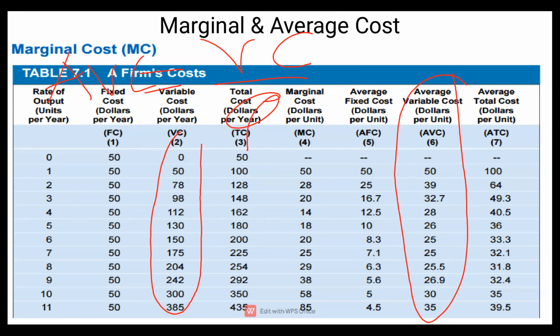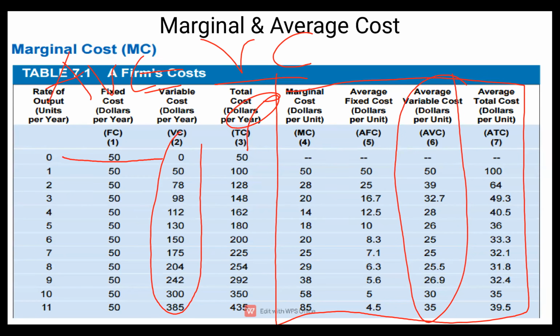Remember that from here, we were assuming we don't have all these. We are asked to fill in. So how do you find the average? I've said variable cost divided by output. So in short, now we are dividing variable cost by output, not fixed cost. It will be still the same thing.